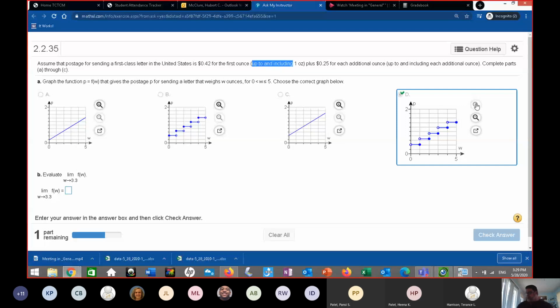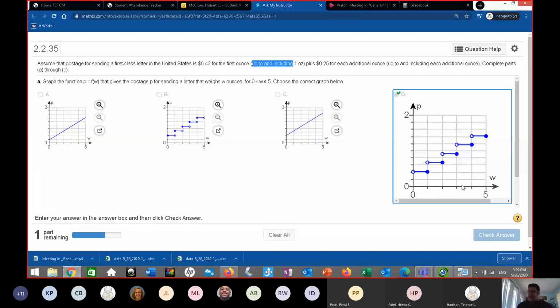And what I'm going to do is draw this graph a little bit bigger on my handy dandy 1, 2, 3, 4, 5. And then we go 20, 40, 60, 80, $1. 20, 40, 60, 80, $2.